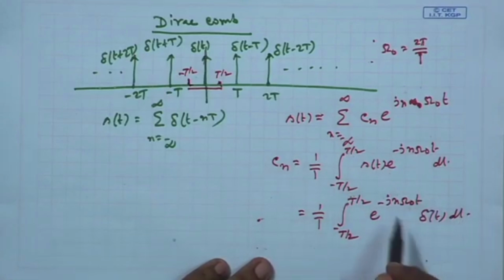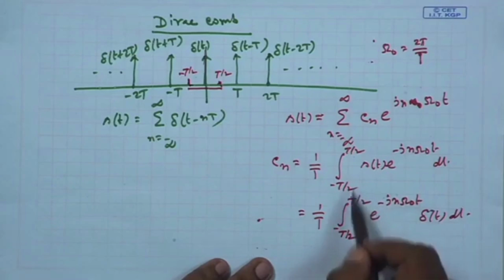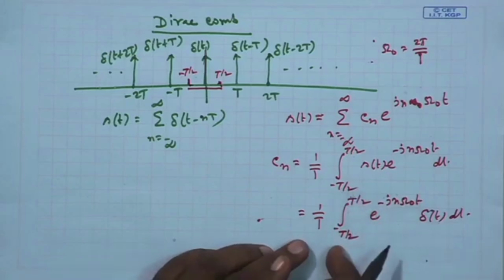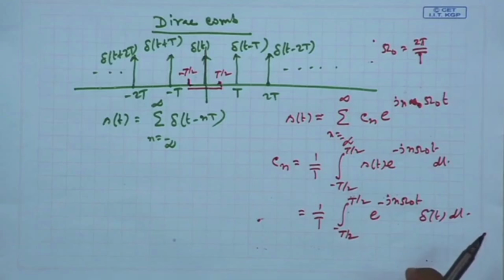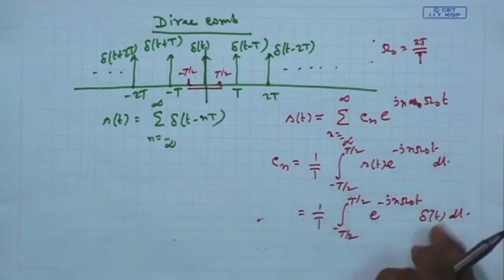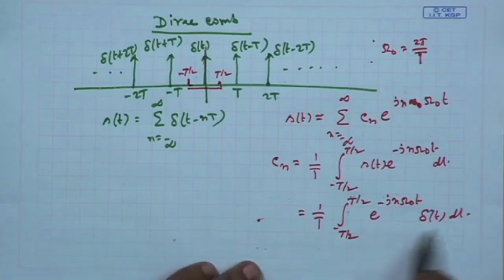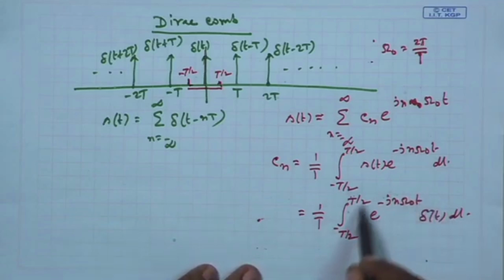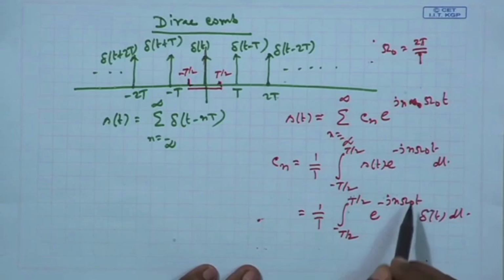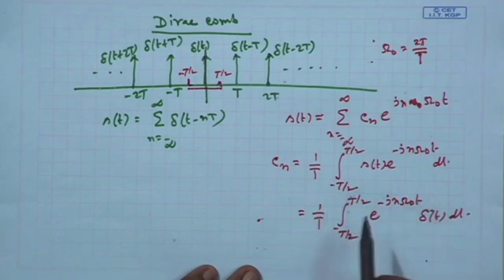And we have already seen the integral of a function f t times delta t. You can integrate from minus infinity to infinity, you will get the same result, because delta t, except for the origin, has a value 0. So, if you now integrate, it will be the value of the function at t equal to 0, but the value of the function at t equal to 0 is e to the power 0, which is 1. Okay. So, this integral will give me nothing but 1.